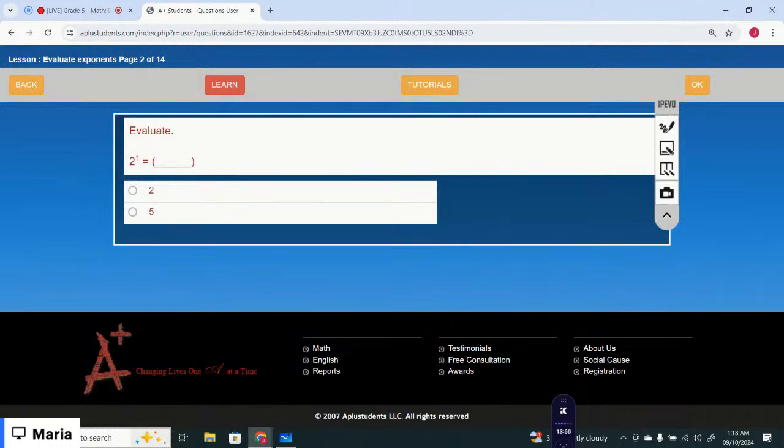2 exponent 1, which is the correct option? 2 exponent 1 is 2. Option number 1 is the correct option.